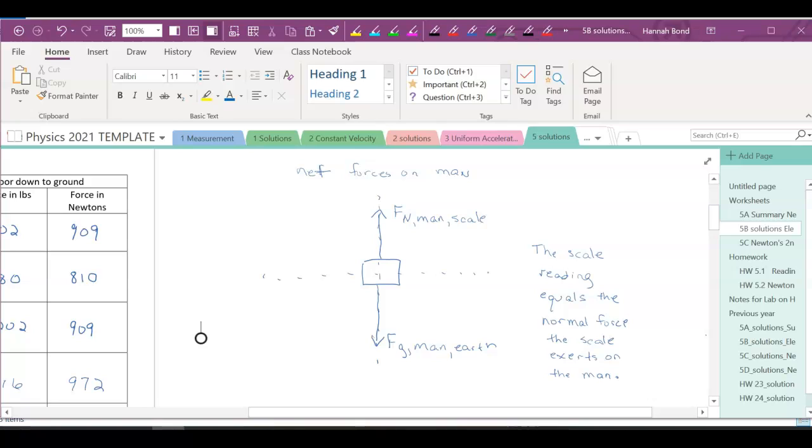When we read a scale, we're actually reading the value of the normal force that the scale is exerting on the man. The man's weight makes a small spring in the scale deform, and based on the deformation of that spring, the scale is calibrated to show an amount of weight.